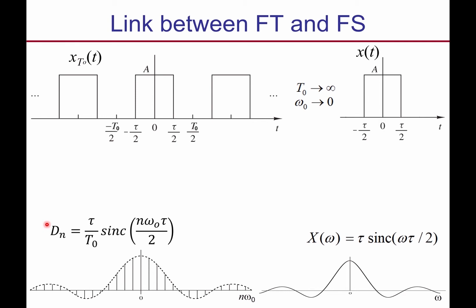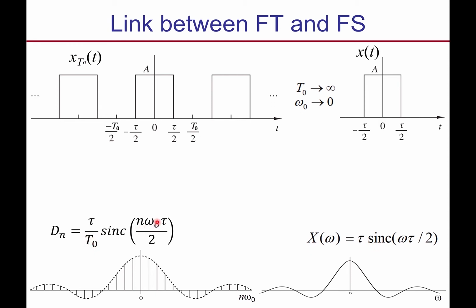Later on, we will calculate the Fourier transform of this pulse, and we will find x of omega is this sinc function. If I compare this sinc function here to this one, this does not have the t1 over t0. For the Fourier transform, it's not a periodic signal, it always ends quickly, so t0 we don't include it.